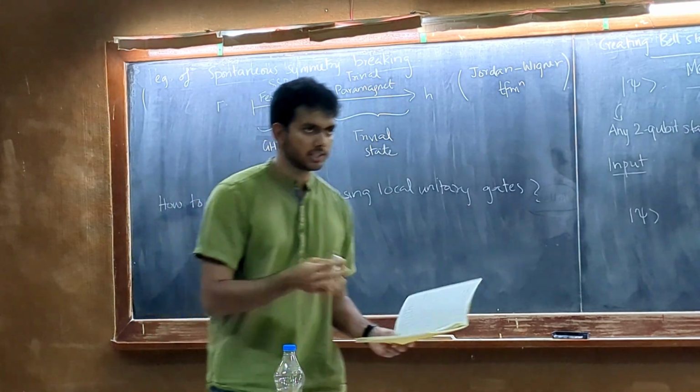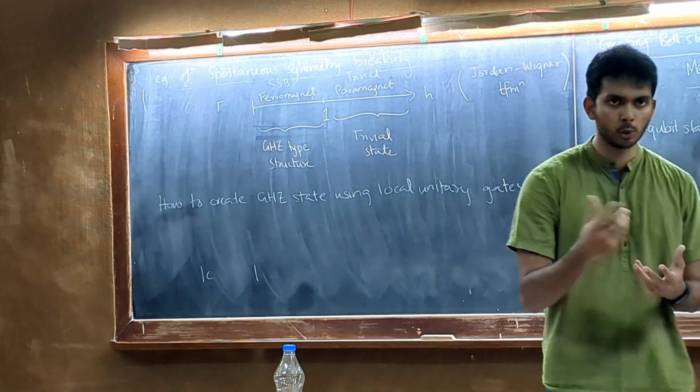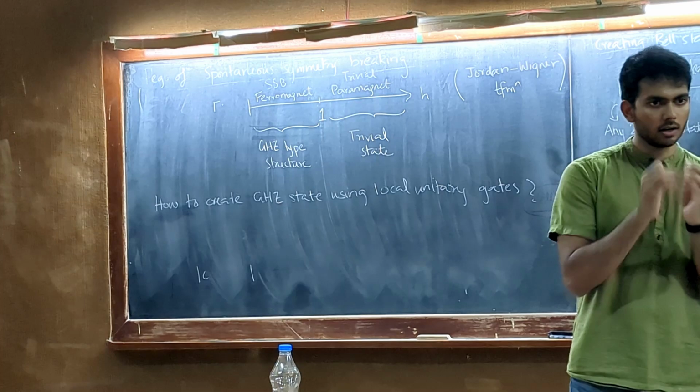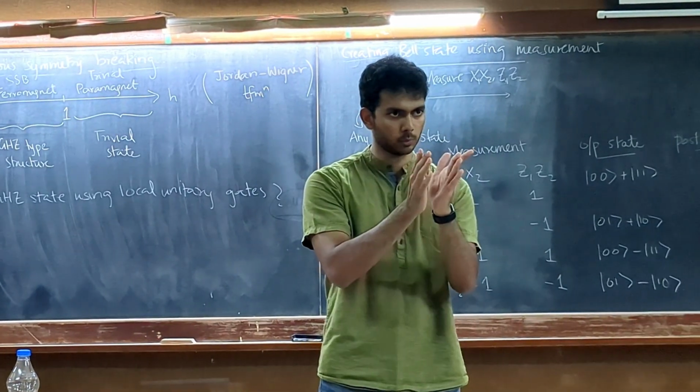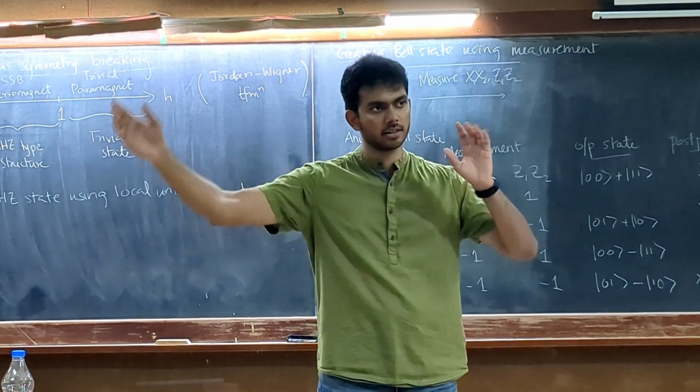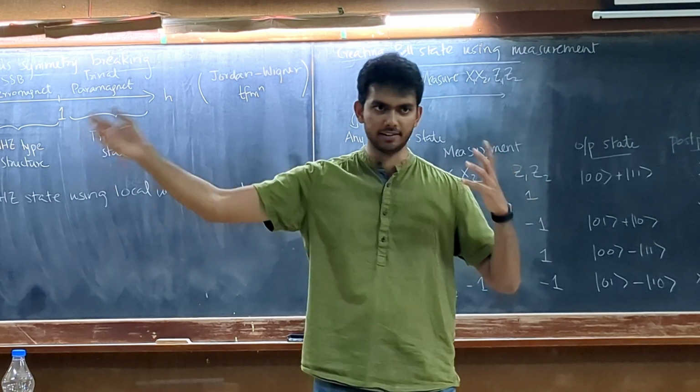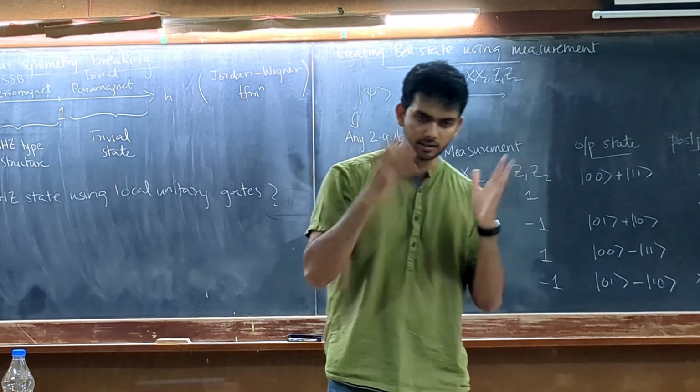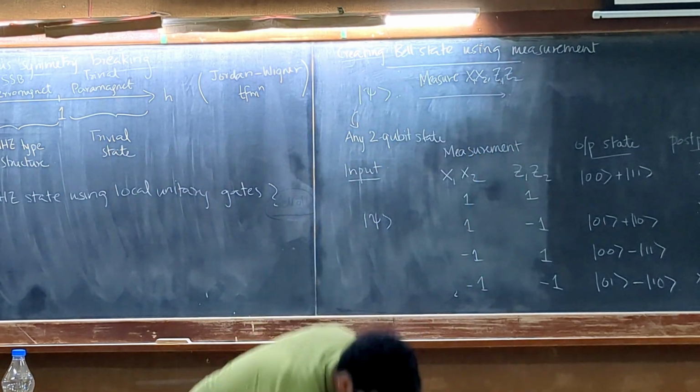So by local, I just mean that if I'm applying a 2-qubit gate like a CNOT operator, it can only act between site i and i plus 1 or i and i plus 2, but it can't act between site 5 and site 20. Like there's some limit in the local sense where it can act.